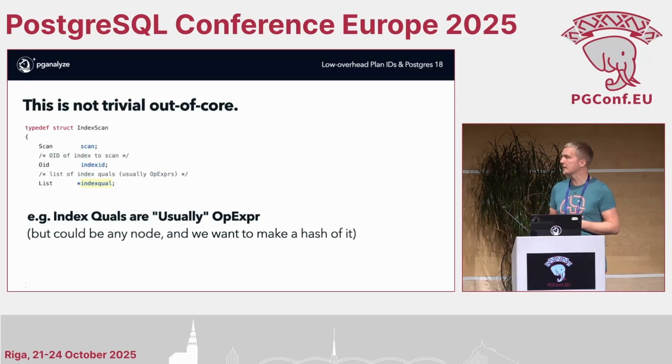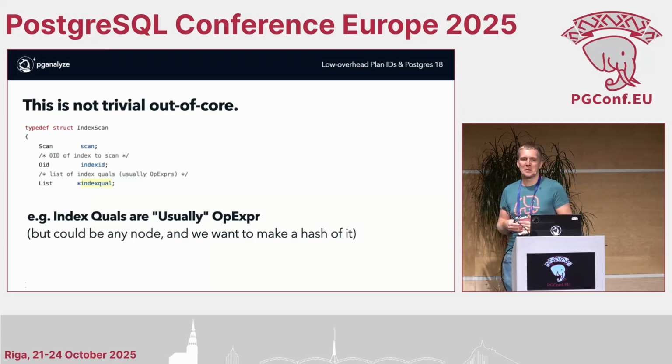And the problem is that you have 300 plus node types that can appear in those expressions, like these quals. Here, for example, that source code comment says usually index quals are op expressions, like equality comparisons, but they can be anything, basically any typical expression node. And so if we were to maintain our own custom logic for hashing that, it quickly becomes very hard to maintain if you do it manually.